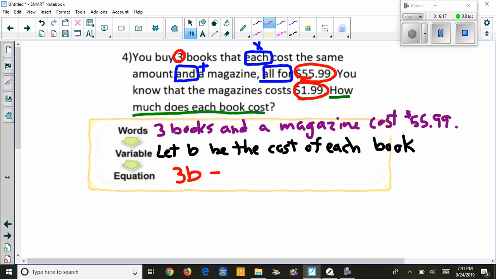And is plus a magazine. Well, what do we know about the magazine? We know that it costs $1.99. All for is my equal sign, $55.99. So here I have my equation.